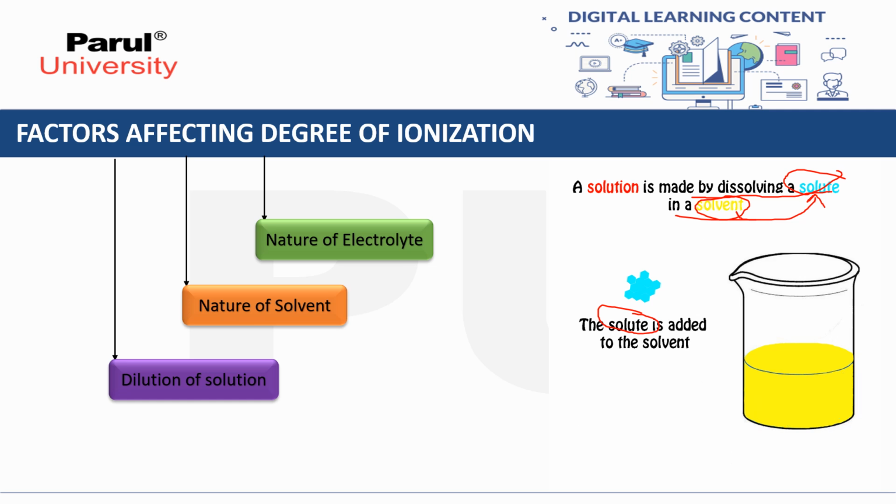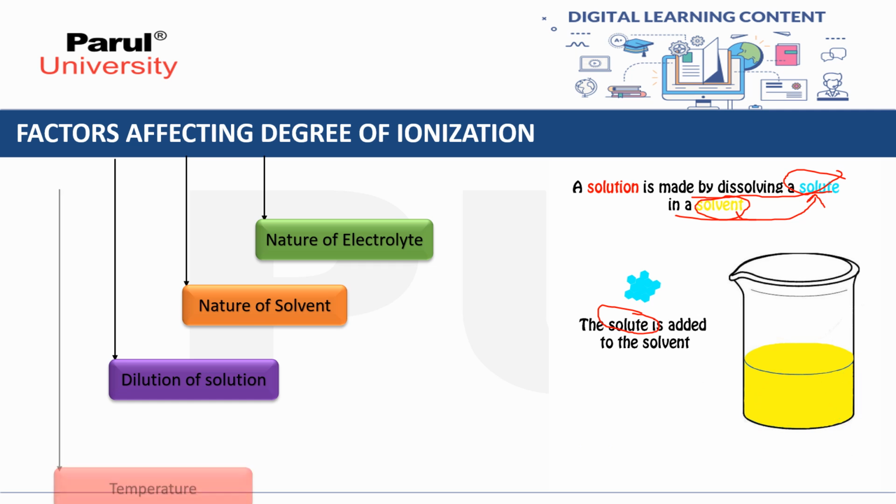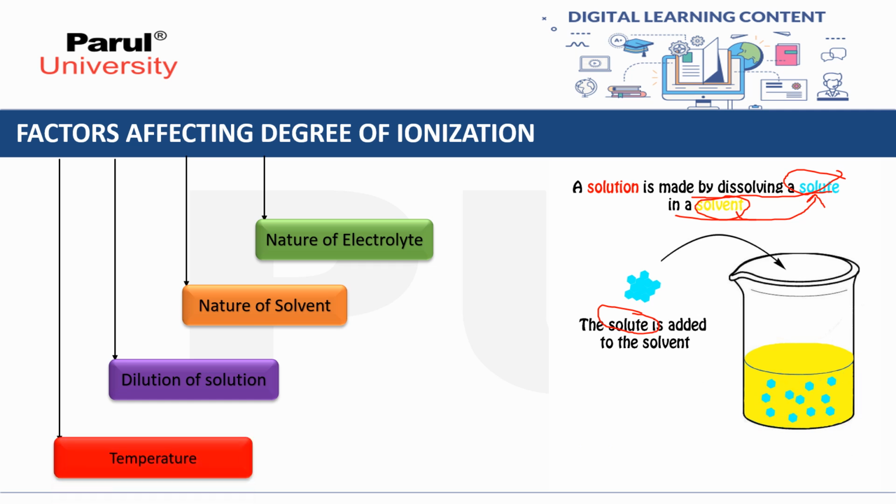So dilution also affects the dissolving power of the solute in the solvent and the degree of ionization. And the last factor is temperature. If the solute is not soluble in the solvent in large quantity, then if we raise the temperature, sometimes the solute gets dissolved in the solvent.